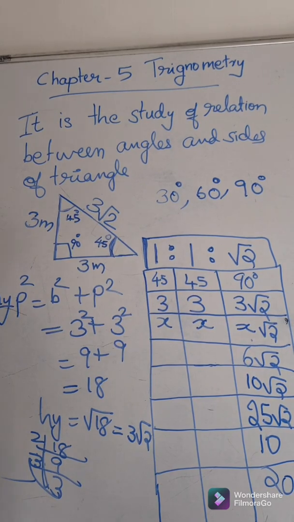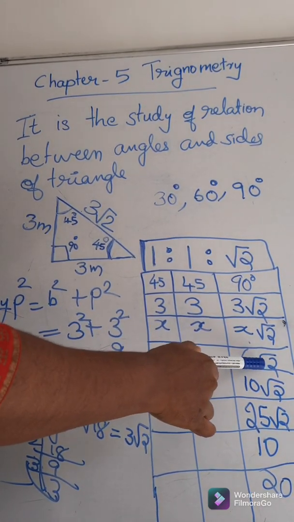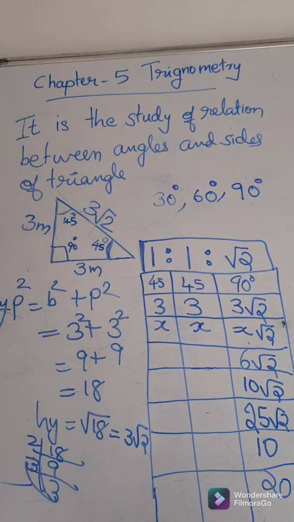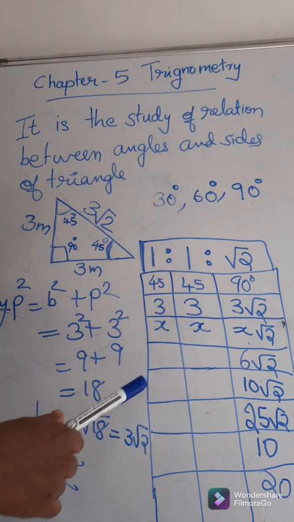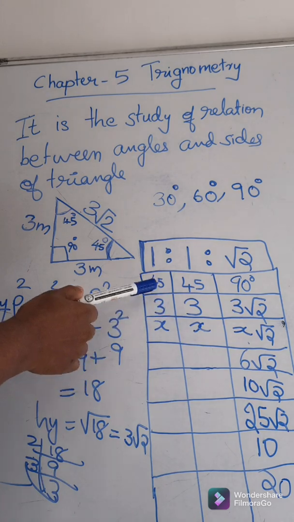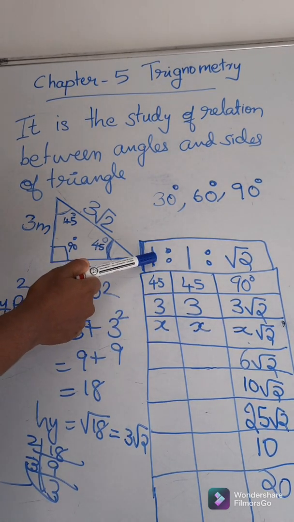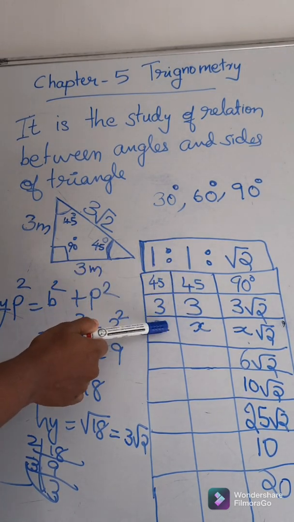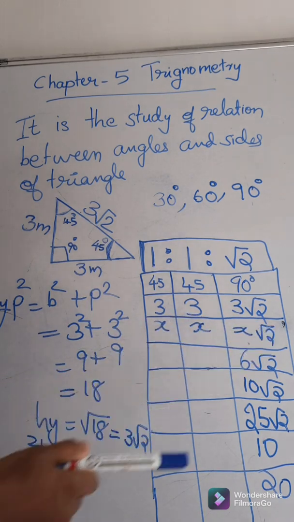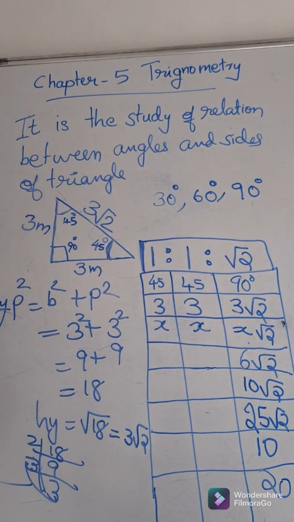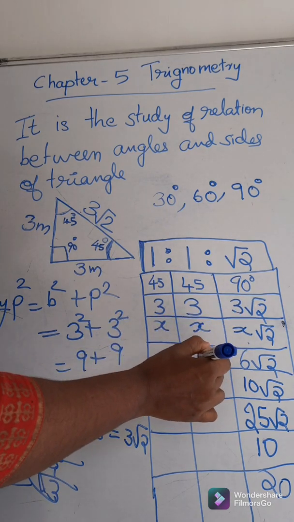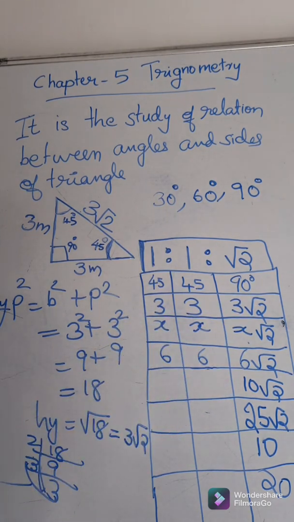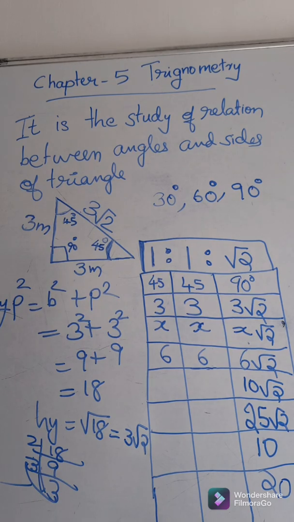Now, suppose they give 6 root 2 as the diagonal. So what are the sides? We know that this is x, x, x root 2. That means the sides will come 6, 6. Okay. In the next one, 10 root 2.